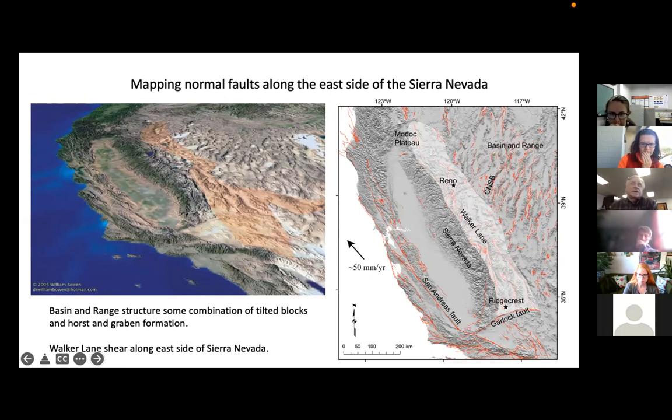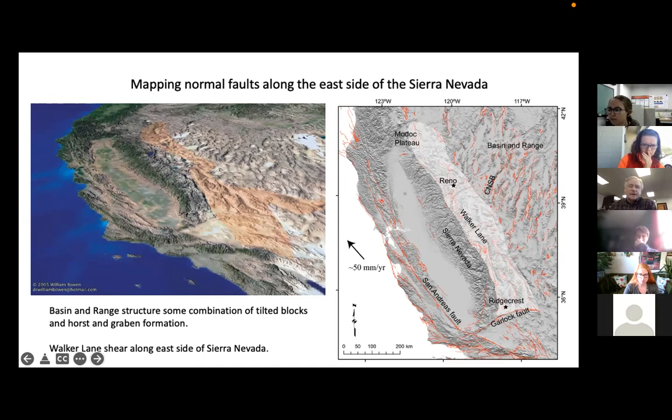So again, here's this picture of the Basin and Range with the Walker Lane in pink. I'll zoom into where we were working in a second, but keep in mind that we have a massive major plate boundary right lateral system moving to the northwest, right along our western margin in Reno.